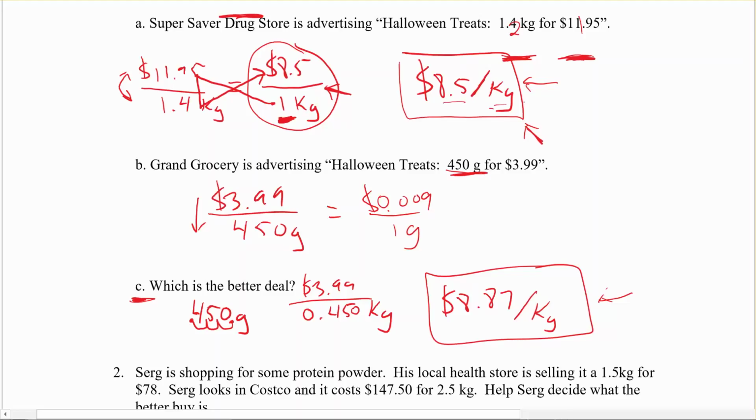It's less money per kilogram. You can also see that the value I had up here, that many dollars per gram, is really similar to this number as well. At that point we could have just moved the decimal place over 3 times as well.